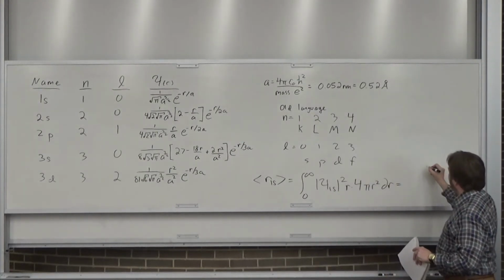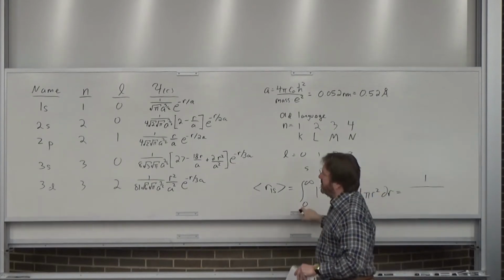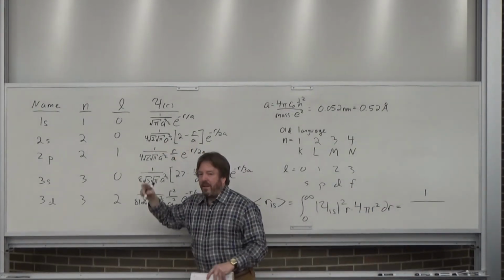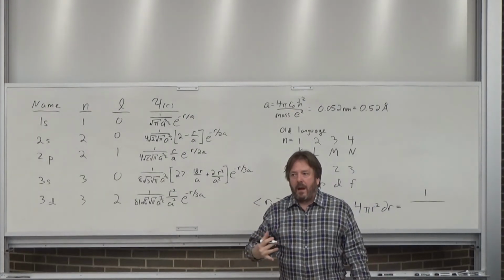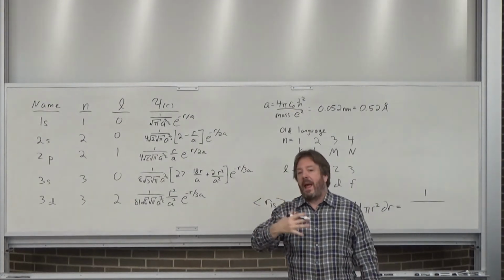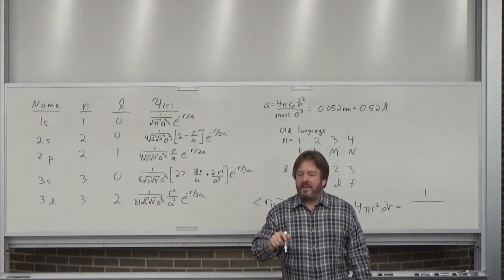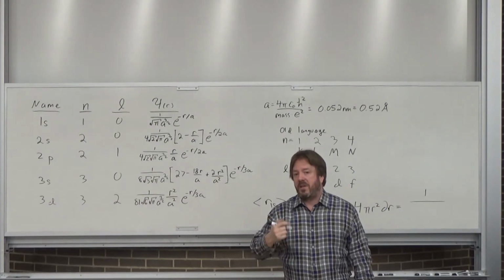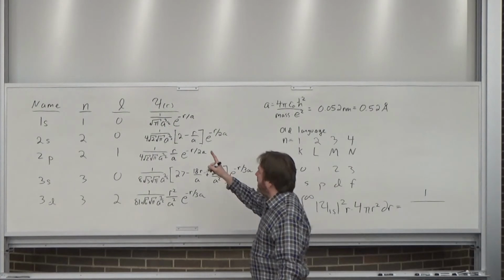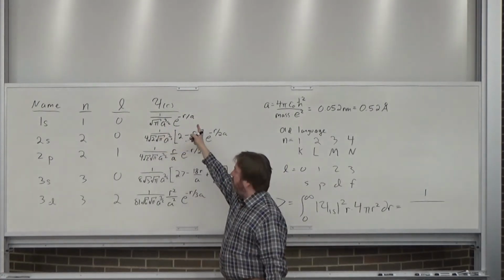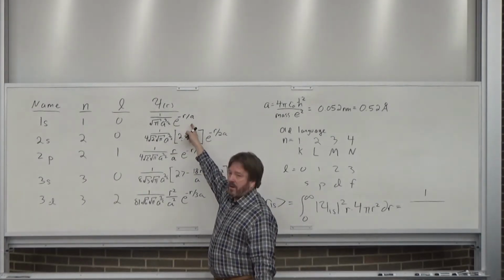Regardless, these wave functions I've written here are for hydrogen. If I was doing helium plus, it has 1 electron just like hydrogen, so let's make it easy. The difference is that it has a greater nuclear charge. It has 2 protons, hydrogen has 1. What that does is it would affect the wave function. I haven't written it down, but the nuclear charge, Z, would appear in the wave function.